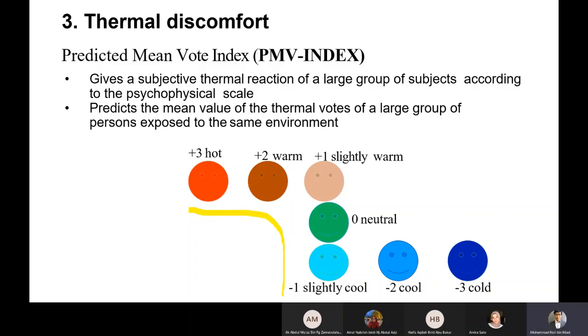We get the information from the survey, and the final data is called PMV, predicted mean vote index. You can have +3 when someone feels very hot, +2 warm, +1 slightly warm, 0 neutral, -1 slightly cold, -2 cold, -3 very cold. That's the index.